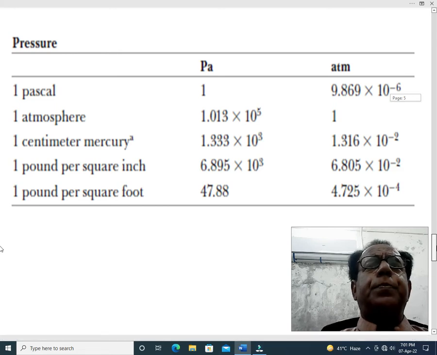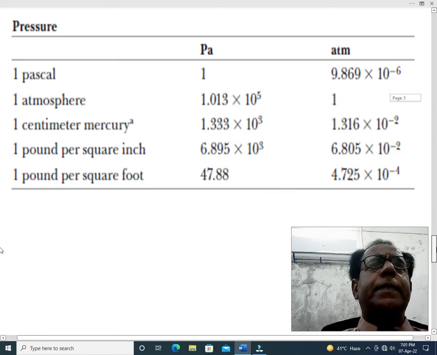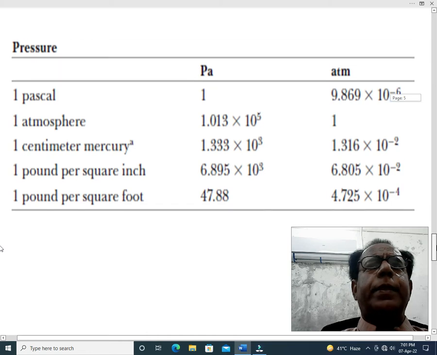Here we can see that this is 1 atm, 1 atmosphere, 1 atmospheric pressure, equal to 1.013 into 10 raised to the power 5, units are Pascal.